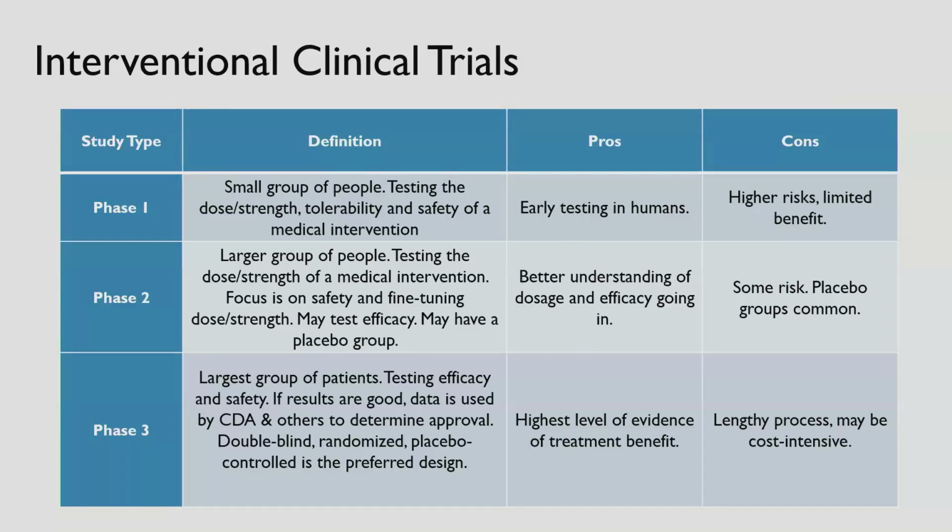But the process can be quite lengthy, years in length, and it can be very cost intensive. Efficacy is how well it works. Does this work? Does it not work? I will talk about a recent trial too, to try and bring all these big words into play.